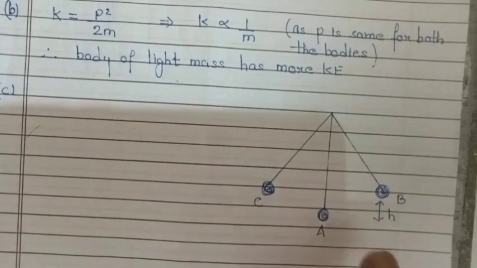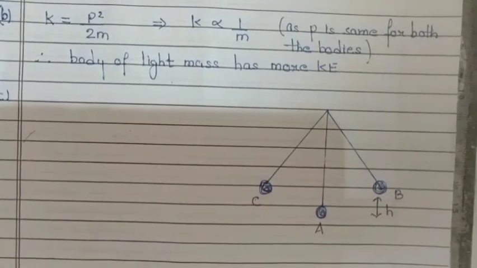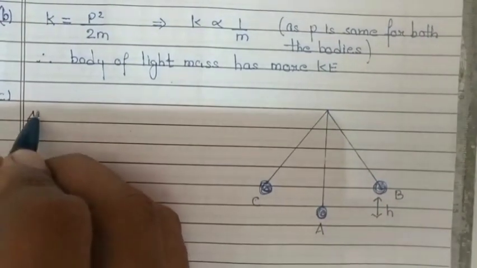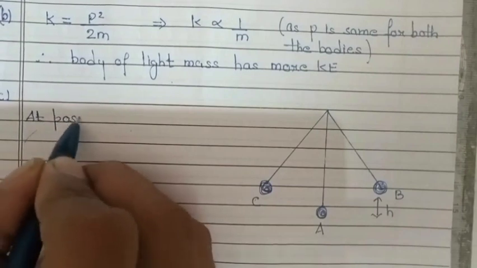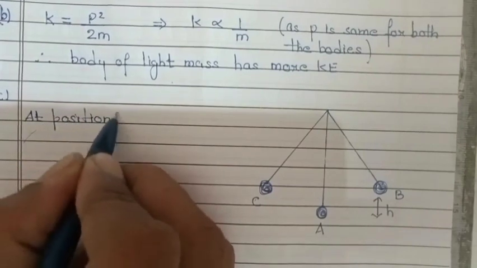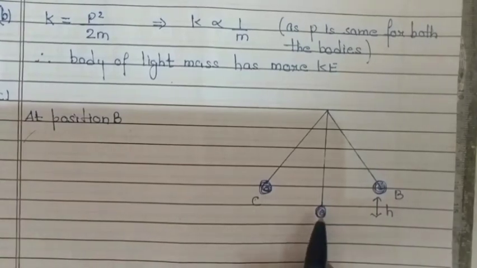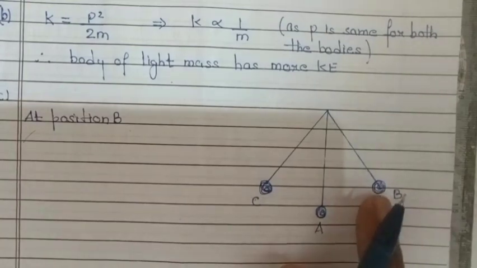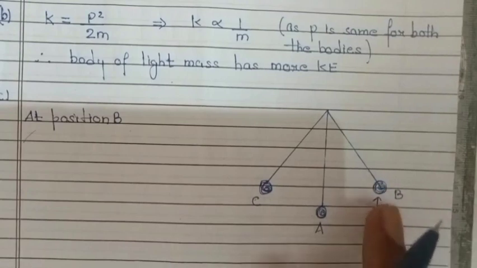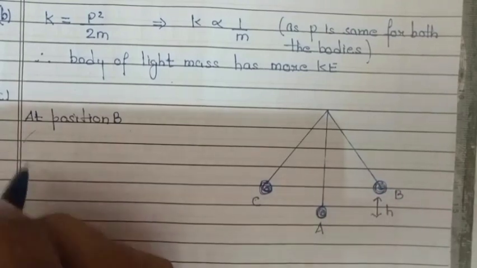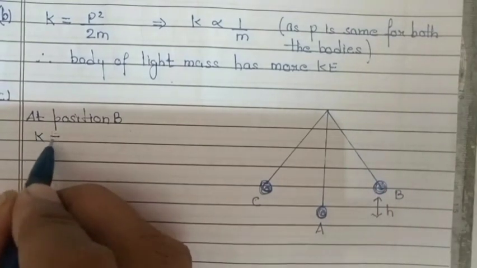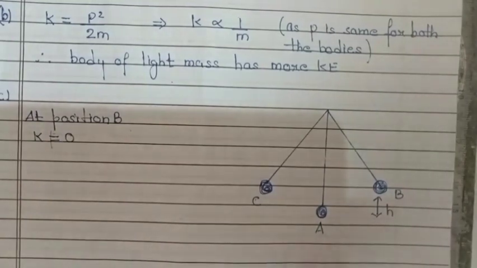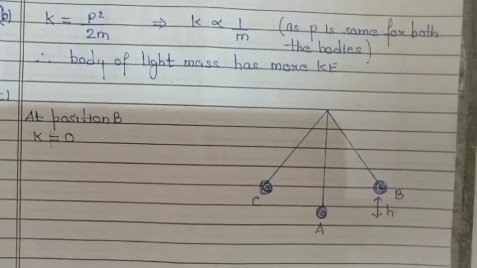Now the pendulum is at position B. We know that when a pendulum oscillating reaches its extreme position, it comes to a momentary rest. So the kinetic energy at position B will be 0, because the pendulum is coming to a momentary rest.